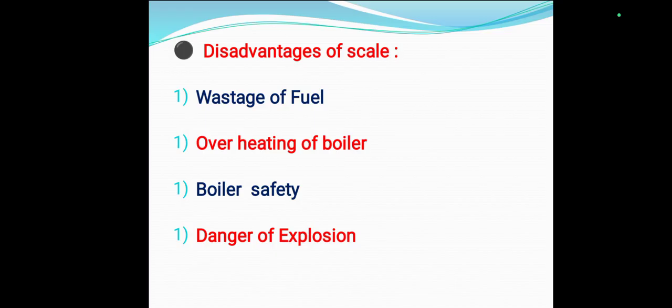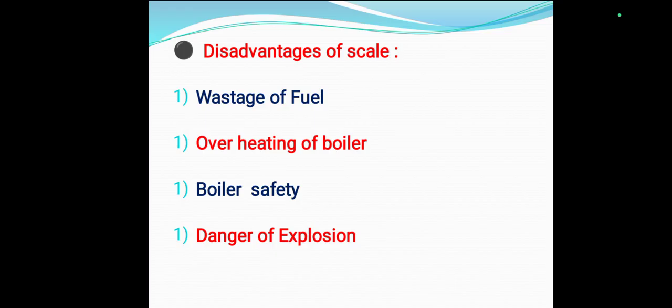So because of extra heating, what will happen? Overheating of the boiler takes place. Then the third disadvantage. Now the third disadvantage links with the second one. What will happen if we overheat the boiler? It's metal ultimately. So because of overheating, the metal of the boiler becomes brittle, it becomes weak, right?